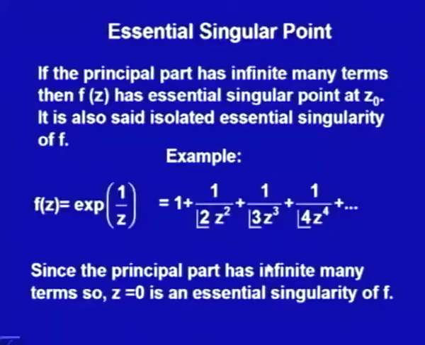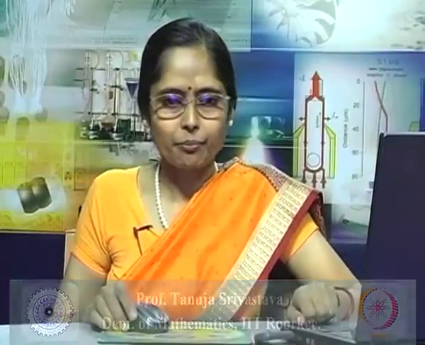Now, we used this Laurent series or the principal part to classify the isolated singularities. We made 3 kinds of classification. One is essential singularity, another is poles, and within poles again we made 2 types, that is simple pole and pole of mth order.